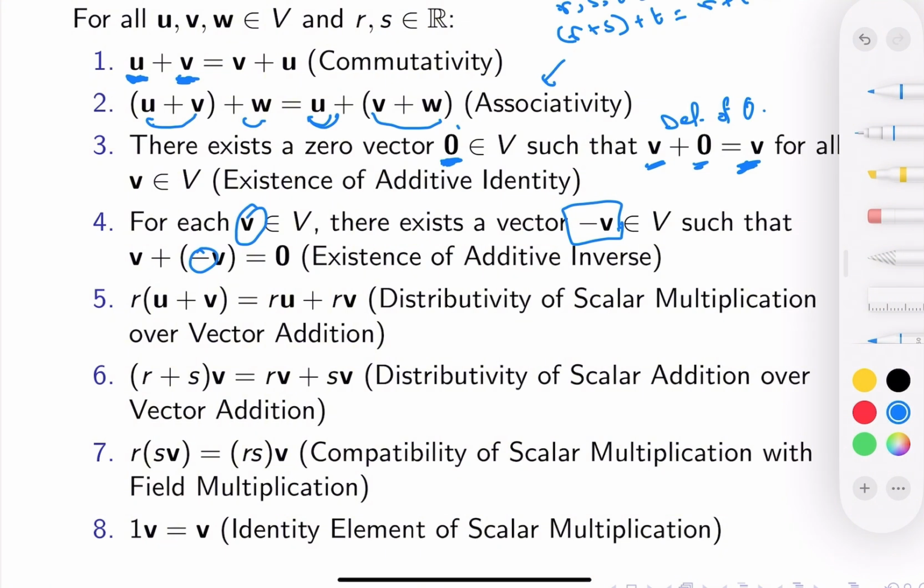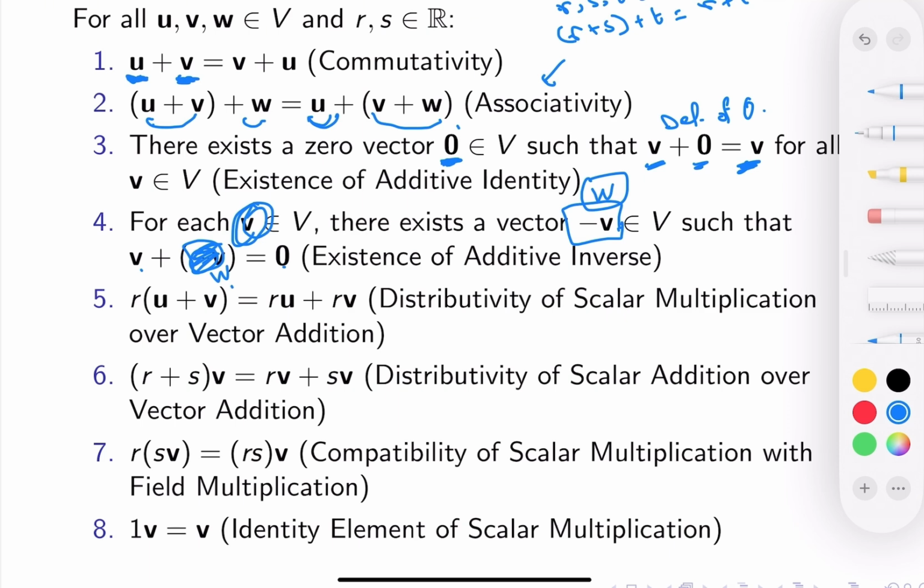You can look at this as just a letter, omega. So for every vector v, there should be another vector omega, such that when we add v to omega, we get zero, and we denote this omega by negative v.